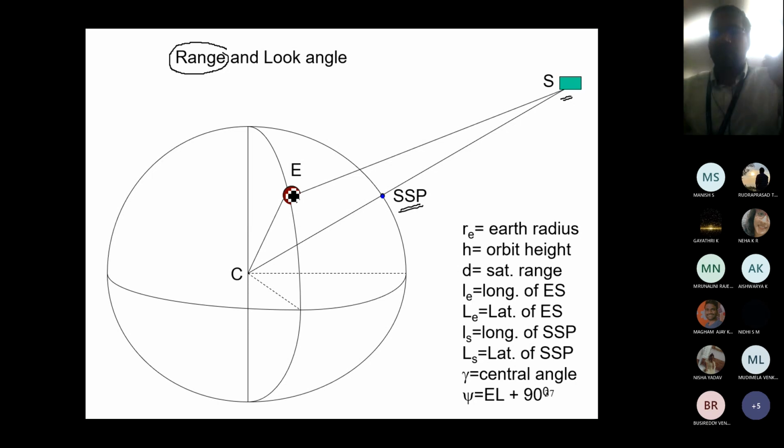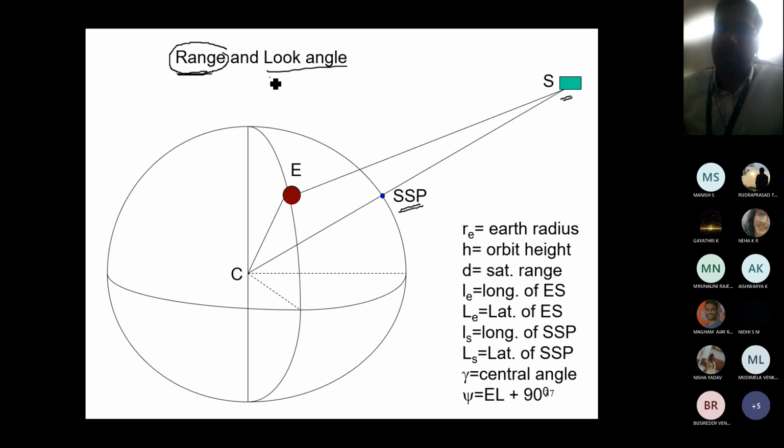Because the communication is established between the ground station and the satellite, they are communicating with each other. So we are going to find at what distance, or at what kilometer range, the satellite and the ground station are located. What is the distance between them? That is the range we are going to calculate here.